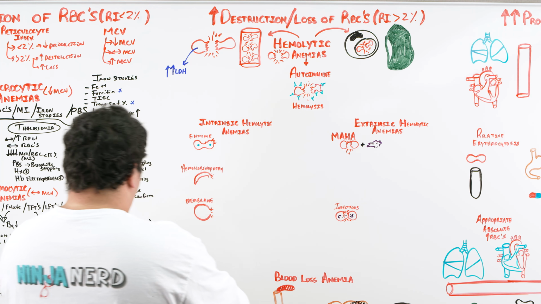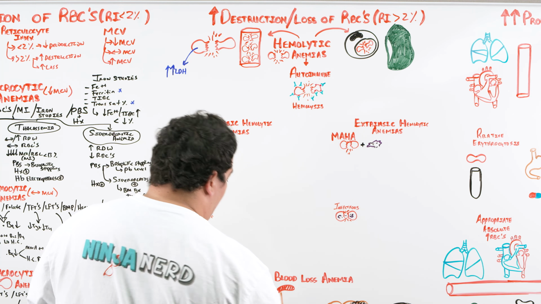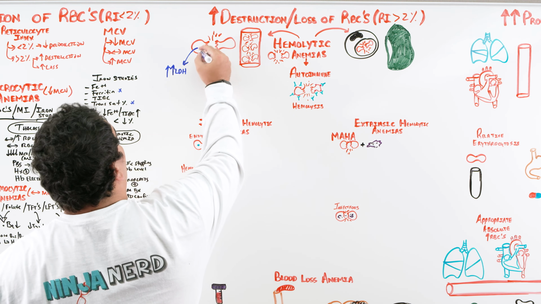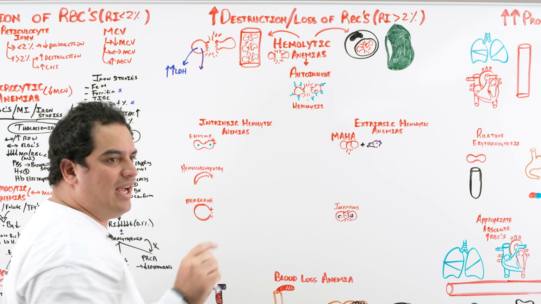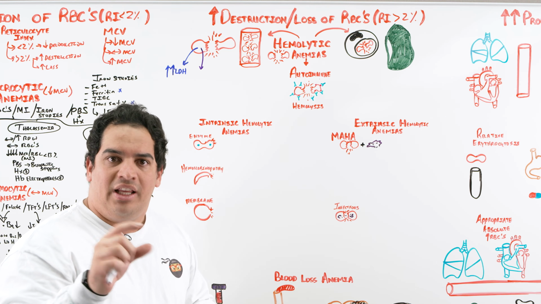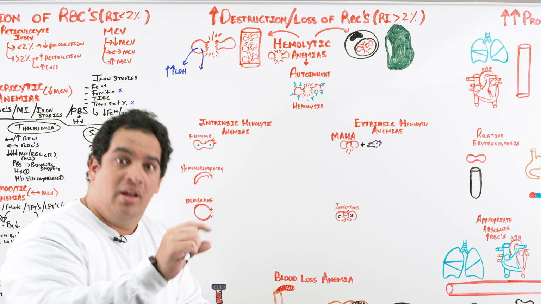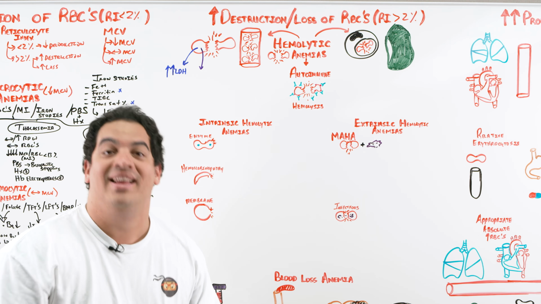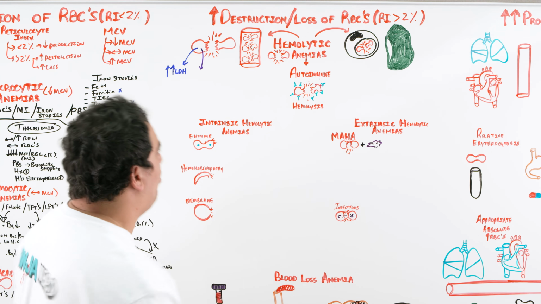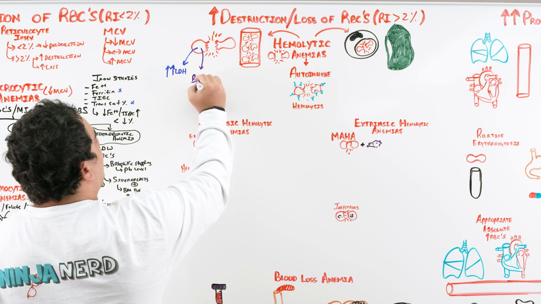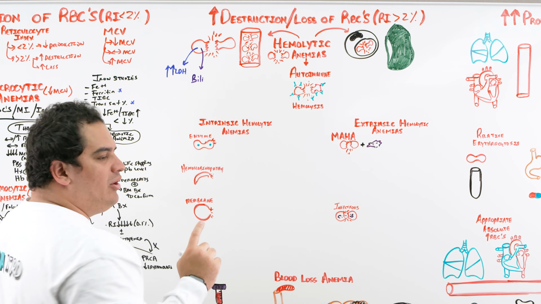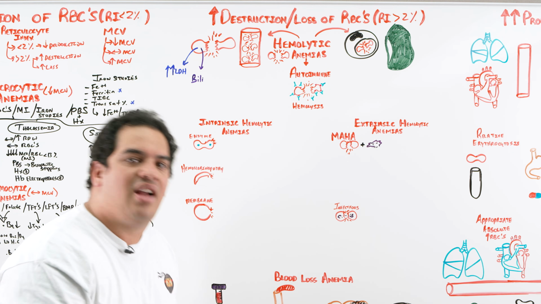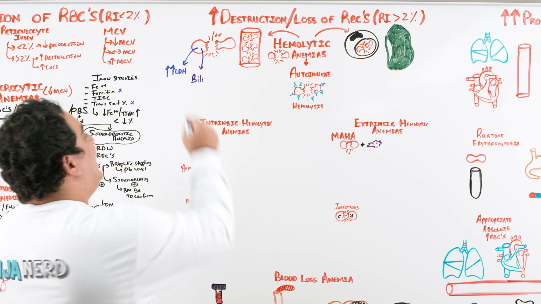The other one that can also leak out is bilirubin. Inside of the red blood cells, you have hemoglobin. Hemoglobin has a protein component, and it also has the heme component. The heme component can get broken down into bilirubin. What is really important is that there are two different types of bilirubin: unconjugated, also known as indirect.